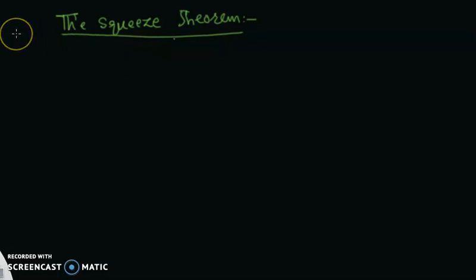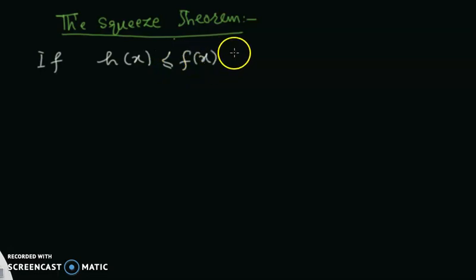It says that if you have three functions that satisfy this particular inequality, so you have h, f and g.